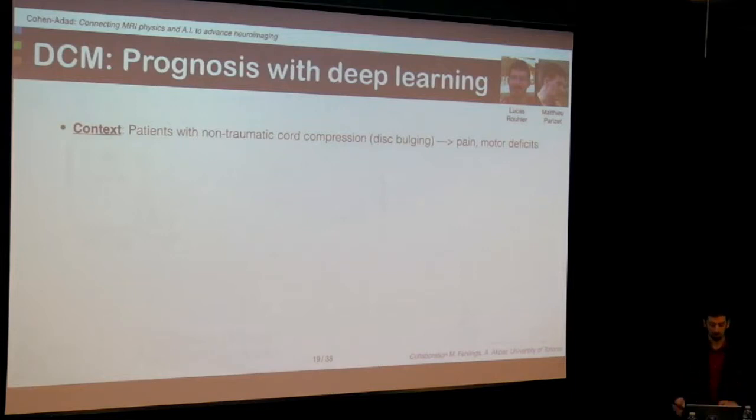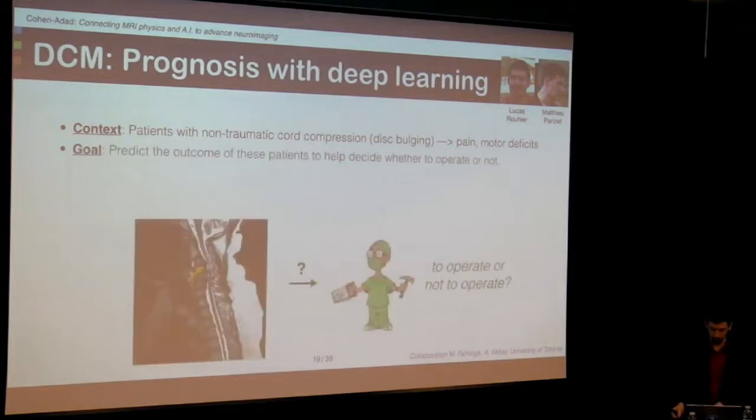Many of us in this room are affected by this disc bulging, which in a couple of years might progress into some symptomatic compression, pain, and motor deficits. The goal here is to predict the outcome of these patients in order to decide whether to operate or not.